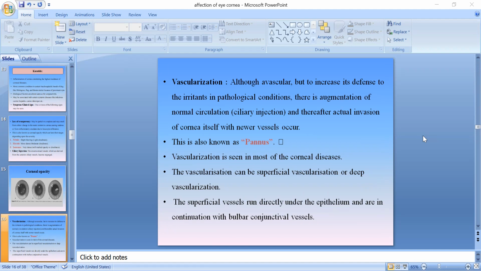So pannus is vascularization of the cornea. The vessels invading the cornea may originate either from the superficial vessels of the conjunctiva or from the deeper ciliary vessels situated at the limbus, right?